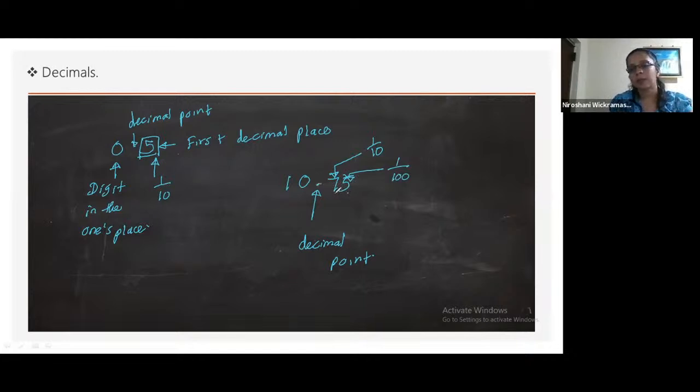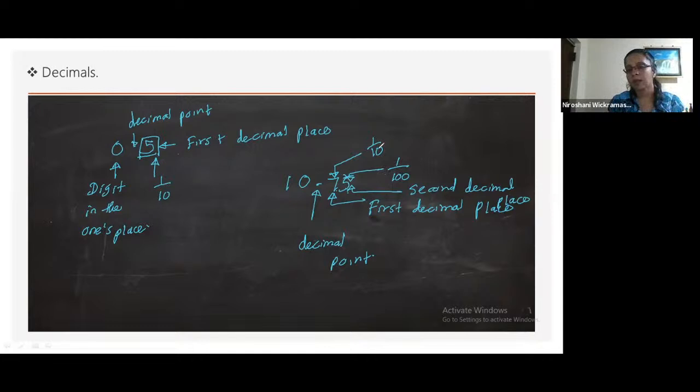After the decimal point, the second number we call the second decimal place. First decimal, second decimal, and if there is another number, third decimal place, fourth decimal place, like this.